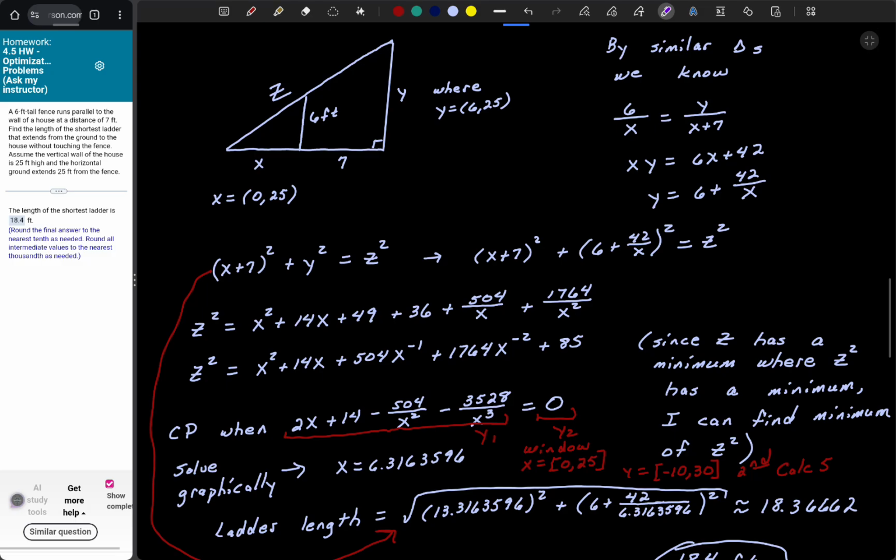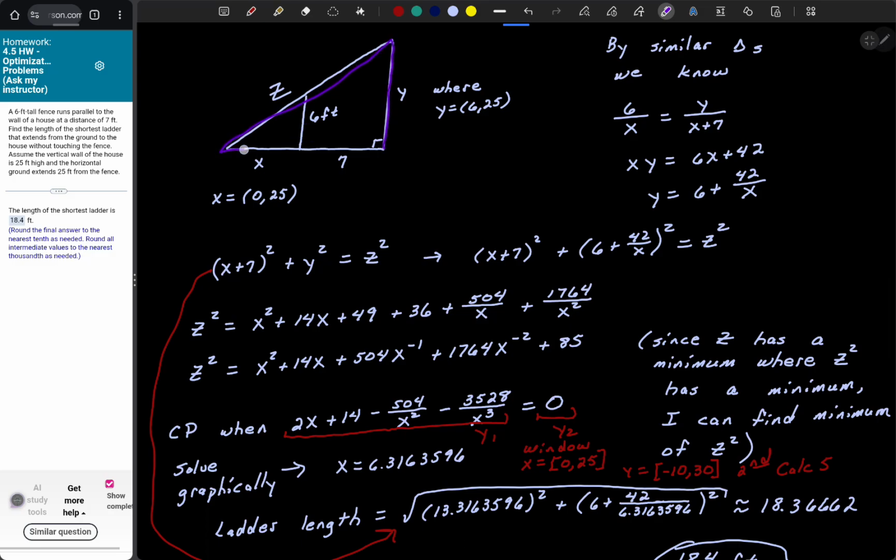Now I can get this into one equation in terms of x by using similar triangles. If you notice, we have two similar triangles: the large triangle right here, and a smaller triangle within it, this one.